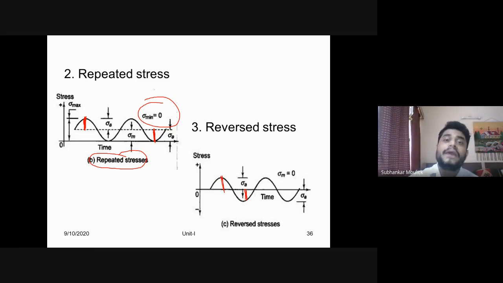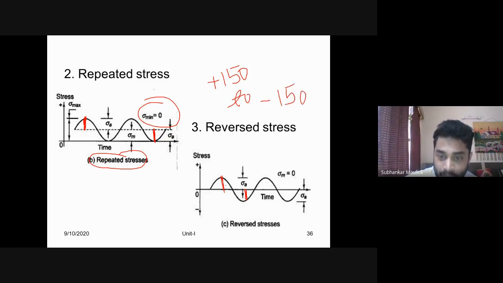If you want to fail any particular component subjected to reversed stress, the stress condition will be, say, plus 150 Newton per millimeter square to minus 150 Newton per millimeter square, because this value is exactly equal to this value. So sigma mean is 0.